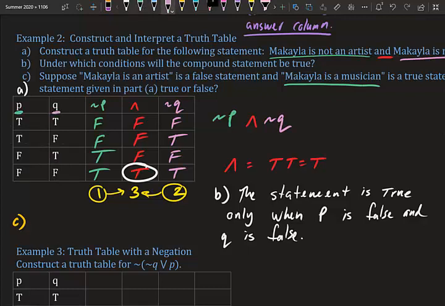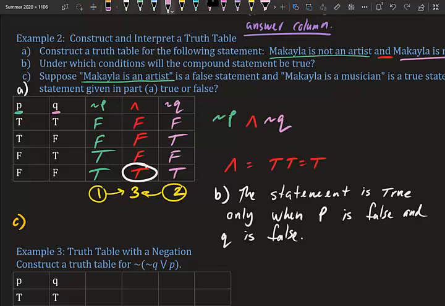So it's saying, I wrote that backwards. Michaela as an artist is P. My bad. I don't edit these videos, so you're going to catch my mistakes.